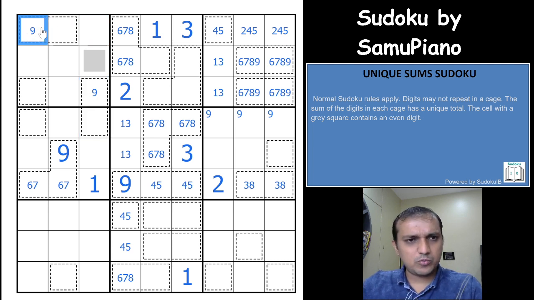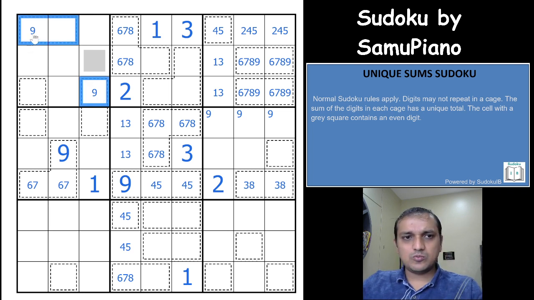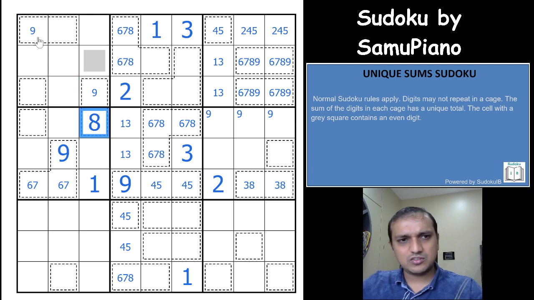Like, I mean to say, both of these cages are, one is 17, one is 15, and we have 2 8s in these 4 cells, so this has to be an 8, right? For the 17 we need 1 8, and for the 15 also we need 1 8. So 1 8 would be in one of these 3 cells. So this is the other 8.